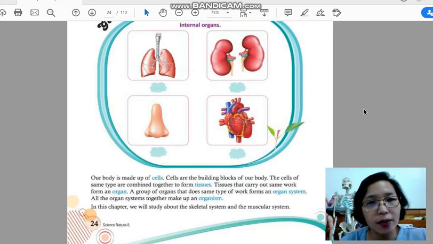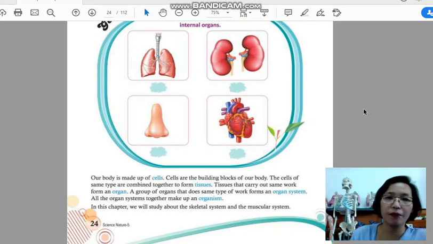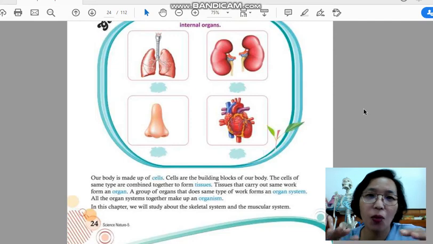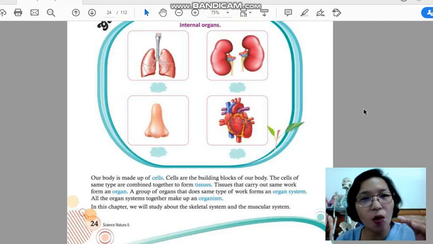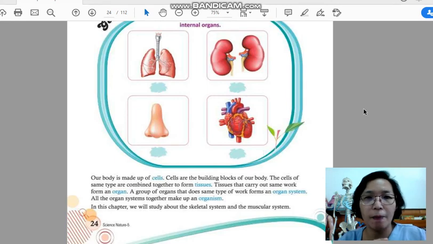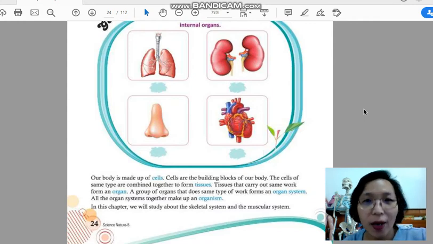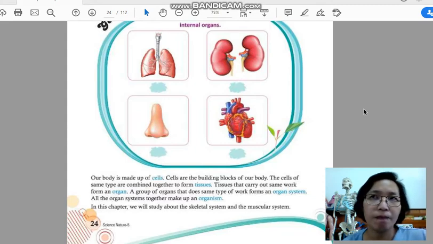And when organs that can cooperate together and work together form an organ system, the organ systems together make up an organism, like human and other complex multicellular organisms like plants and animals.